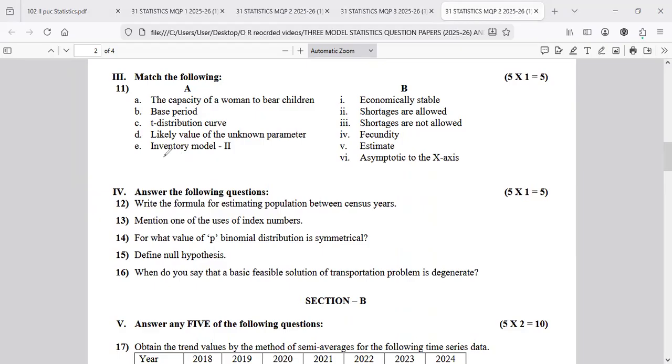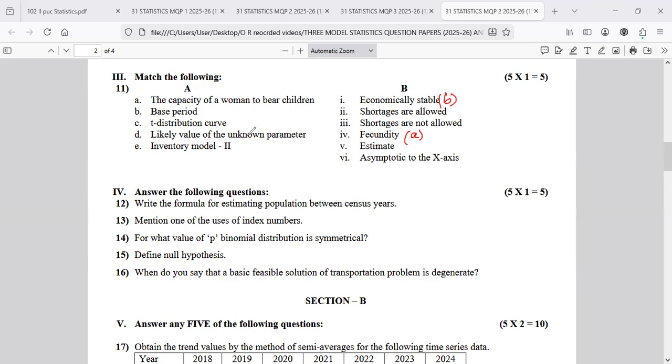Option A, the capacity of women to bear children. So what is fecundity? Base period. The base period is the index number question related to economic stability.